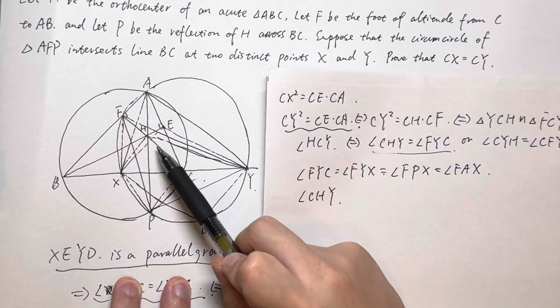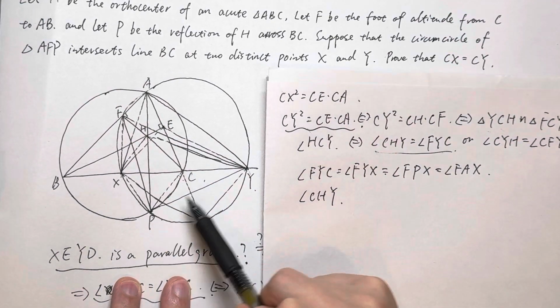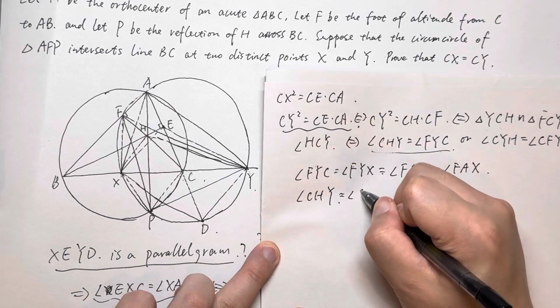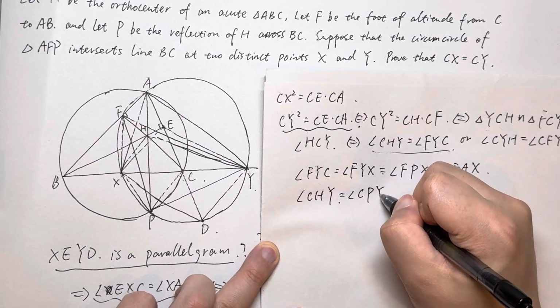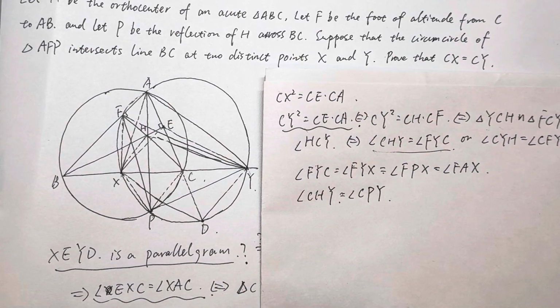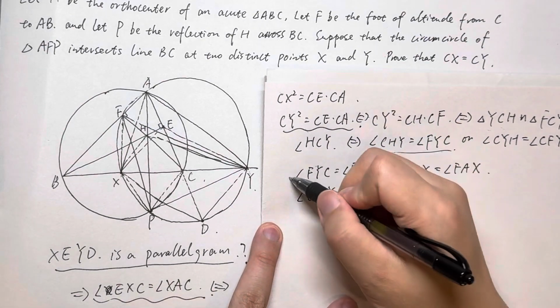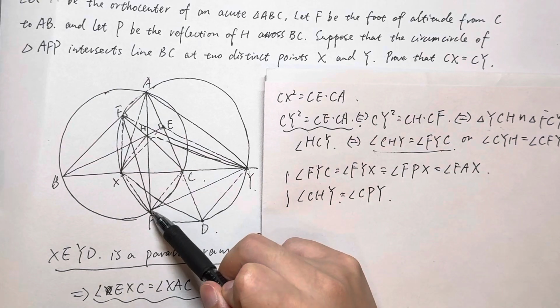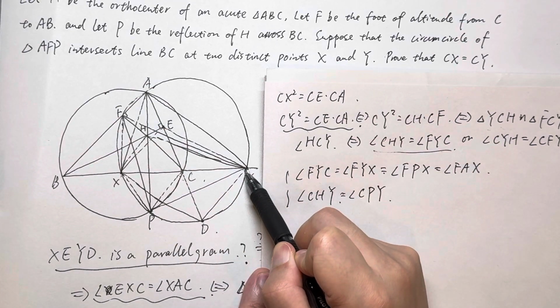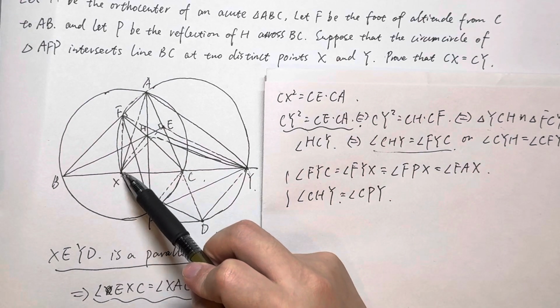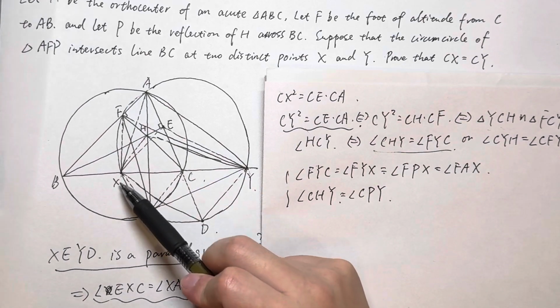So angle CHY equals angle CPY. Right? So basically we want to prove that angle CPY equals angle FPX.